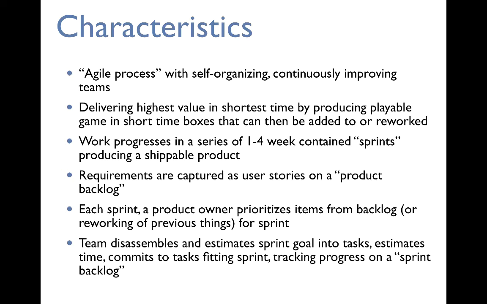And then the team disassembles those priorities set by the product owner into actual tasks, estimates how much time each task will take. You then prioritize tasks again until the tasks in their estimated time actually fit the sprint length. And then you track progress of these tasks on a so-called sprint backlog. That's Scrum in a nutshell.